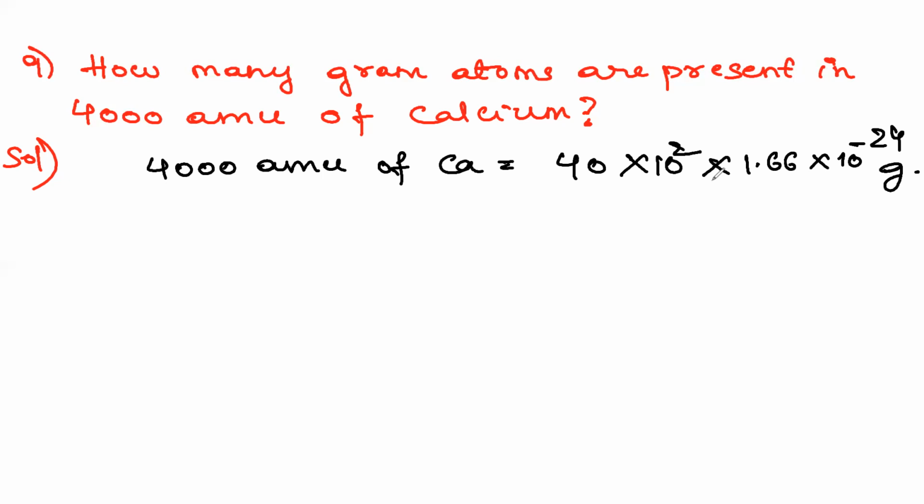Now, next step, we have to find how many gram atoms. 1 gram atom of calcium is equal to 40 grams.